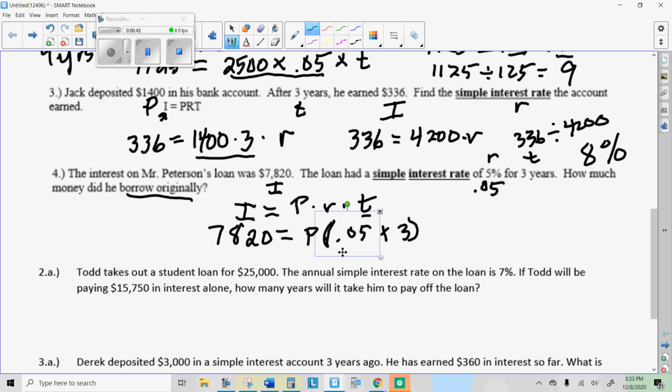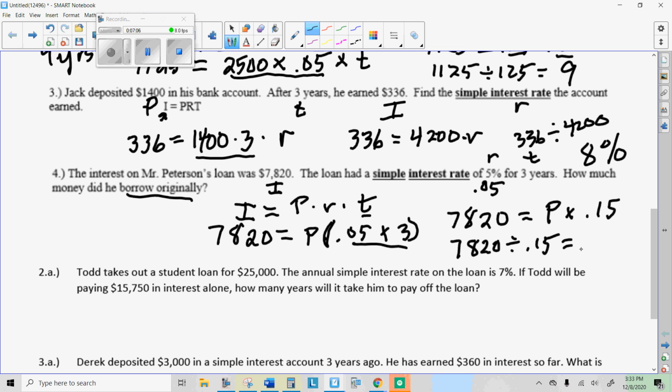And I can rewrite that, multiplying the 0.05 times 3. So we have P times 0.15. That's what you get when you multiply those two. So to get my answer, I'm going to have to take 7,820 divided by 0.15. That'll give me my P.